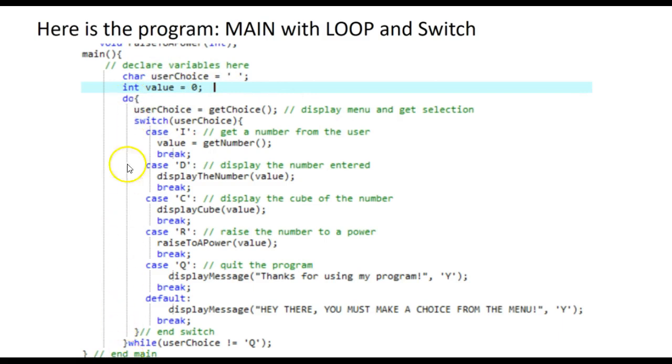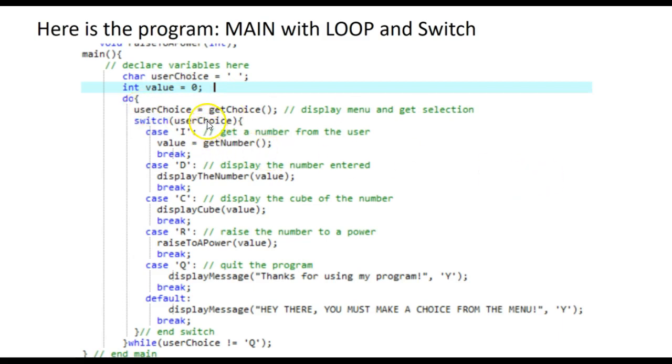Here's my do-while loop. A menu is inside of a do-while loop. Why a do-while loop? Because I need to do this at least once. Here's where I call GetChoice, which displays the menu and gets the selection and brings it back into this variable user choice.